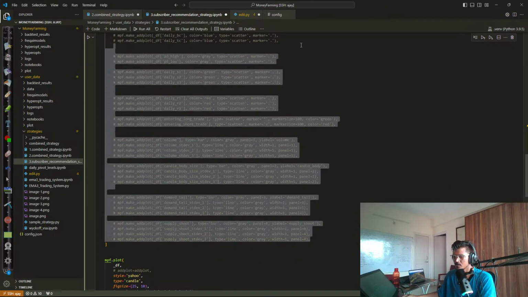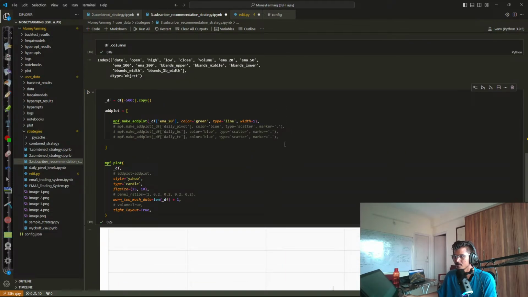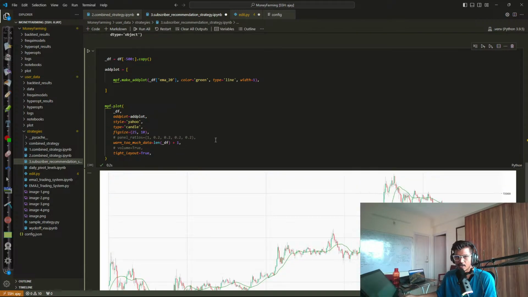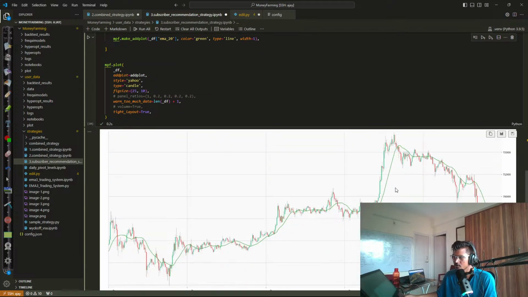Okay, so I don't think we need all this stuff anyway. So I'm gonna add the plot, and then let's see. So we got the 20 EMA.